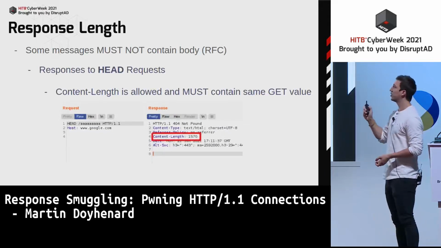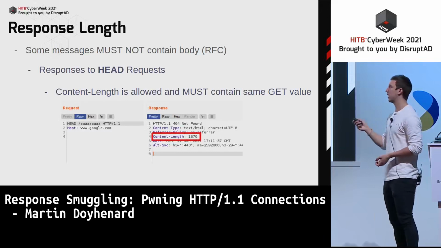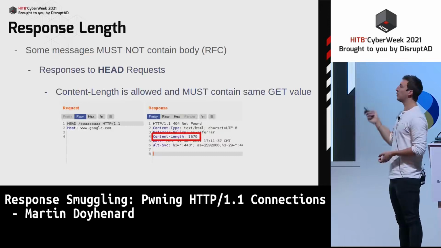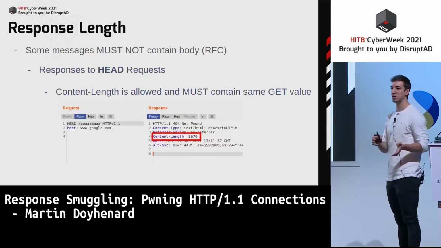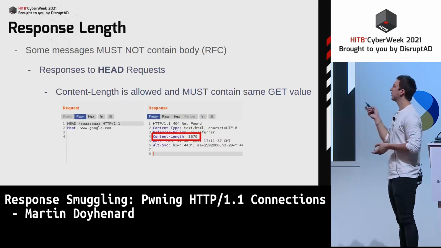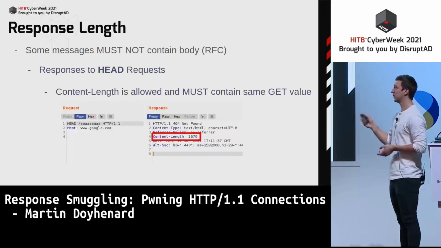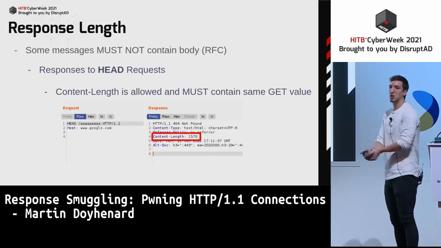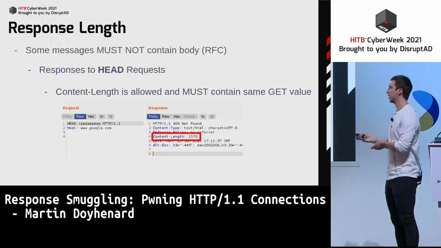But if we issue the same request with a HEAD request, we will receive the same response, only the headers, but the content length is still there. So the proxy knows that it issued a HEAD request, so it won't consider the content length. And there is no problem using this.